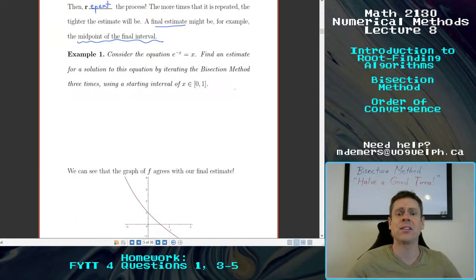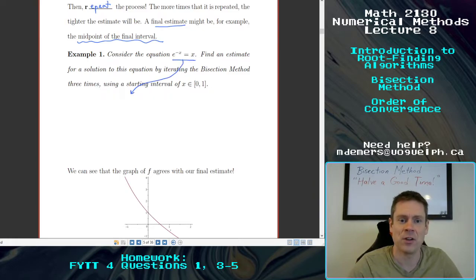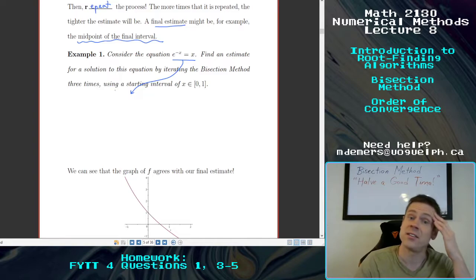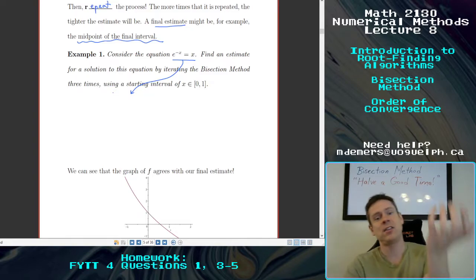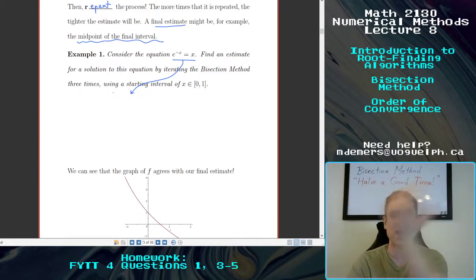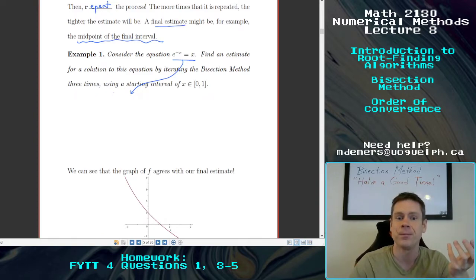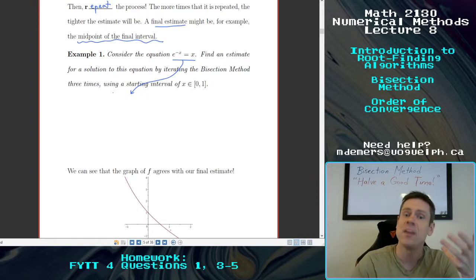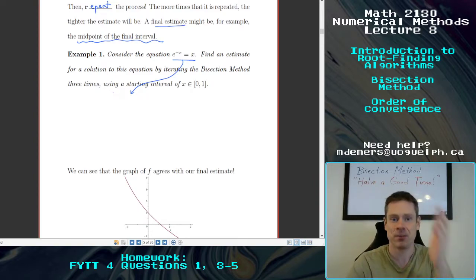Okay, so back to this example. We have e to the minus x equals x. That's the equation that we're going to solve. And the first thing I'm going to do is point you back to the first page of this section on root finding. To solve the equation e to the minus x equals x, we can find the roots of the related function, e to the minus x minus x.